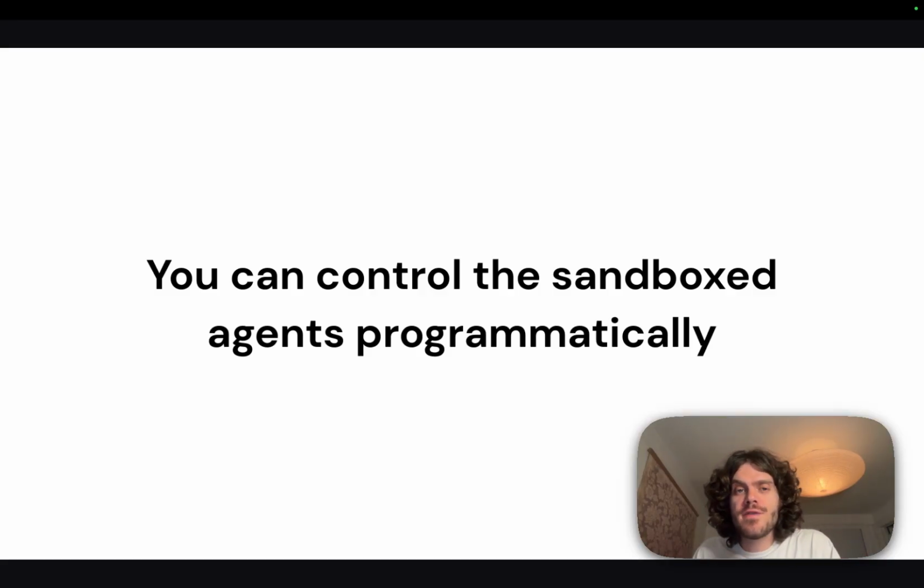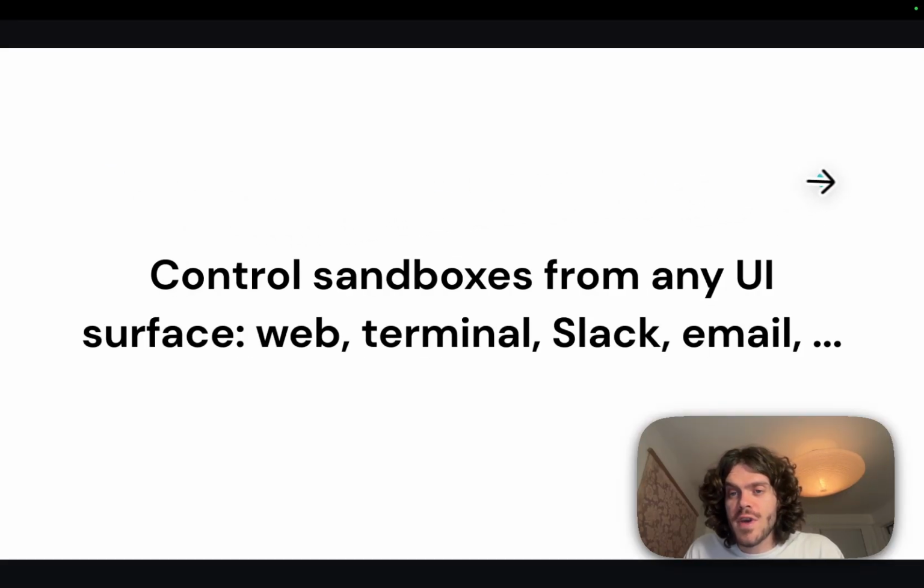You can have that send a message to Amika to spin up a new sandbox and try to auto-fix that error and then push up a new GitHub PR. You can control the sandboxes from any UI surface, from the web, from the terminal, Slack, email, whatever. If there's a surface that we don't support out of the box, you can use the Amika API to add support for that UI surface.